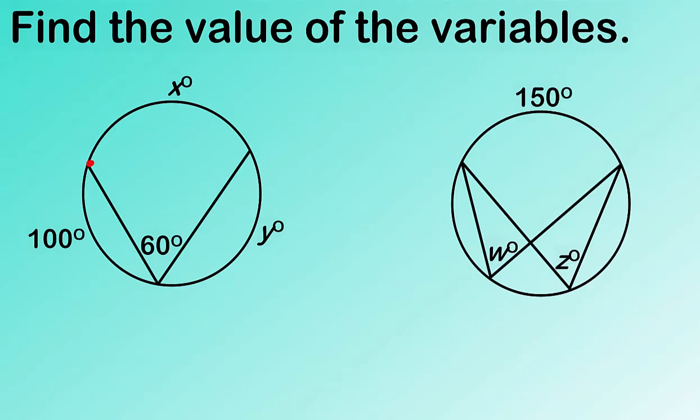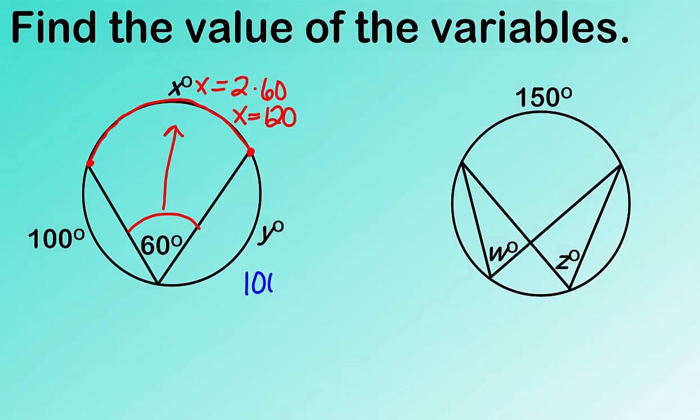I can find the value of X because I know this inscribed angle is 60. So X would be 2 times 60, or 120. I also know that all of the degrees around a circle are equal to 360 degrees.